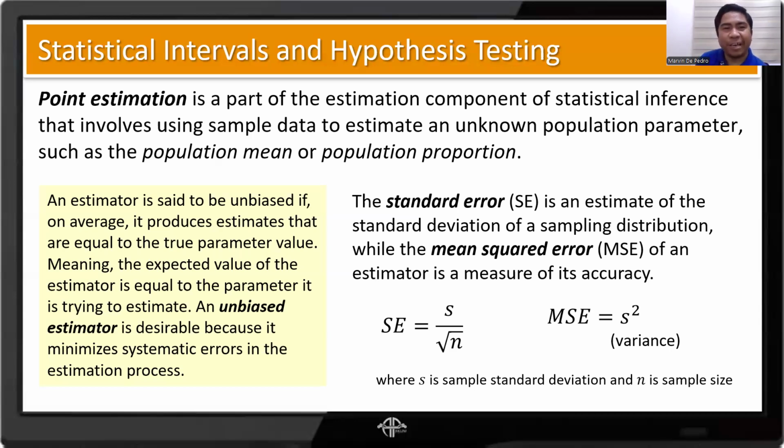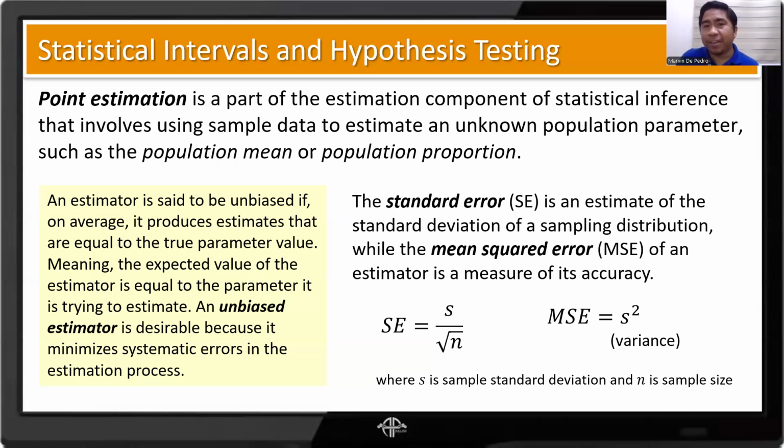In estimation, of course, we cannot be exact at all times. There could be some errors or differences between our target value and our estimated value. So we have such things as errors, such as the standard error or SE.